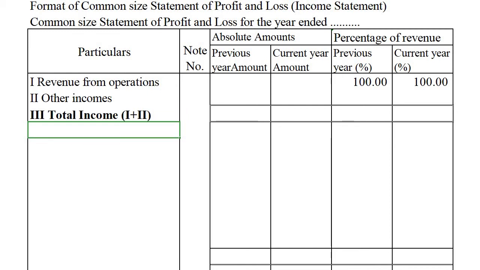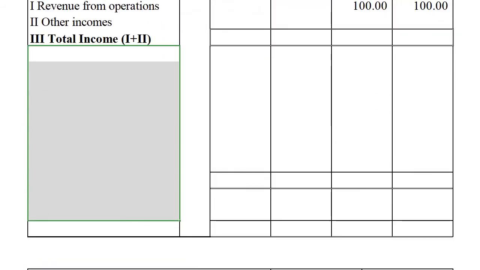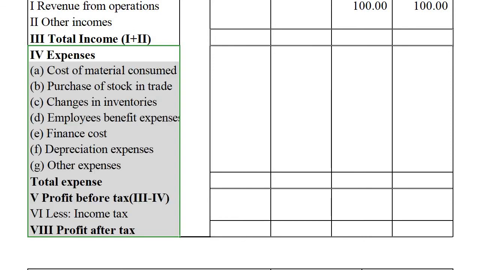Then all other items will be written like this. Expenses will be written: cost of material consumed, purchase of stock in trade, changes in inventories, employee benefit expenses, finance cost, depreciation and amortization expenses, other expenses, then total expenses, profit before tax, then tax will be deducted, and we will get profit after tax.